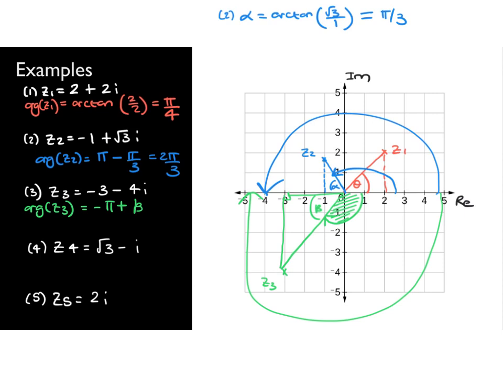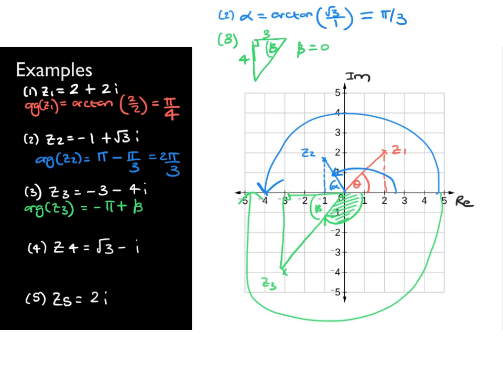So again, I'm going to use trigonometry to work out the size of beta. I'm going to ignore any negative signs. I'm just going to think of a right angle triangle, which looks like this. There's an angle in that right angle triangle. Its base is 3 units, its height is 4 units. Think back to your year 9 trigonometry and working out the size of angle beta. You would never think about negative signs.